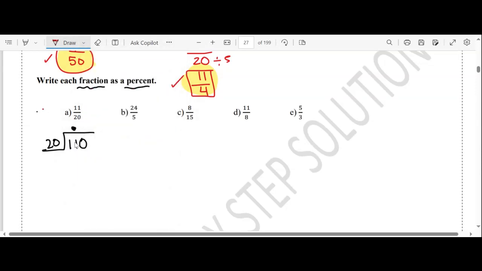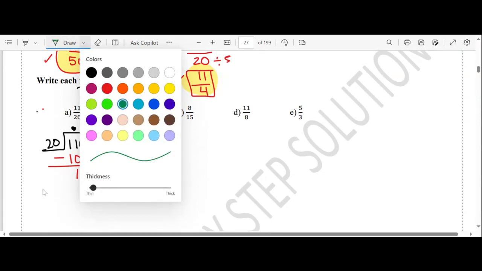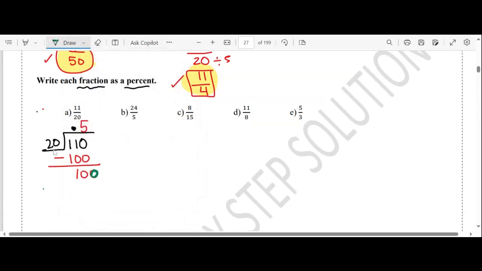So what do we add? 20 goes into 110. How many times? 5. 5 times 20 is 100. Subtract. What do you get? 10. Then add 0. 20 goes into 100 5 times. 100. Subtract. So your answer is what? 0.55. We converted the fraction to what?